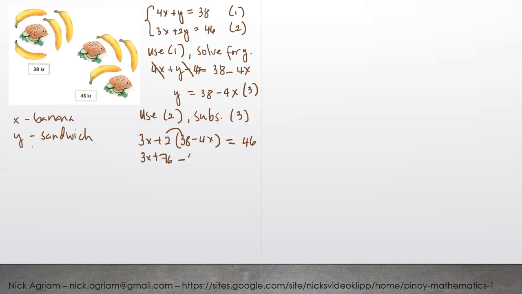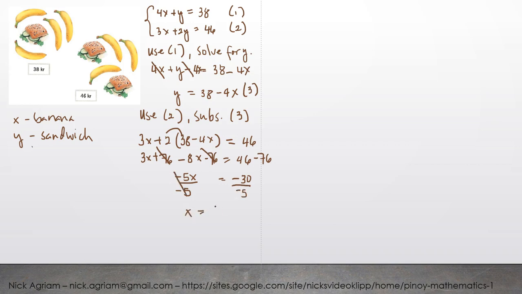And then we have minus 8x is equal to 46. We subtract both sides of the equation by 76. Then this is 0. And we have negative 5x is equal to, what will be? Negative 30. So we divide both sides of the equation by negative 5.